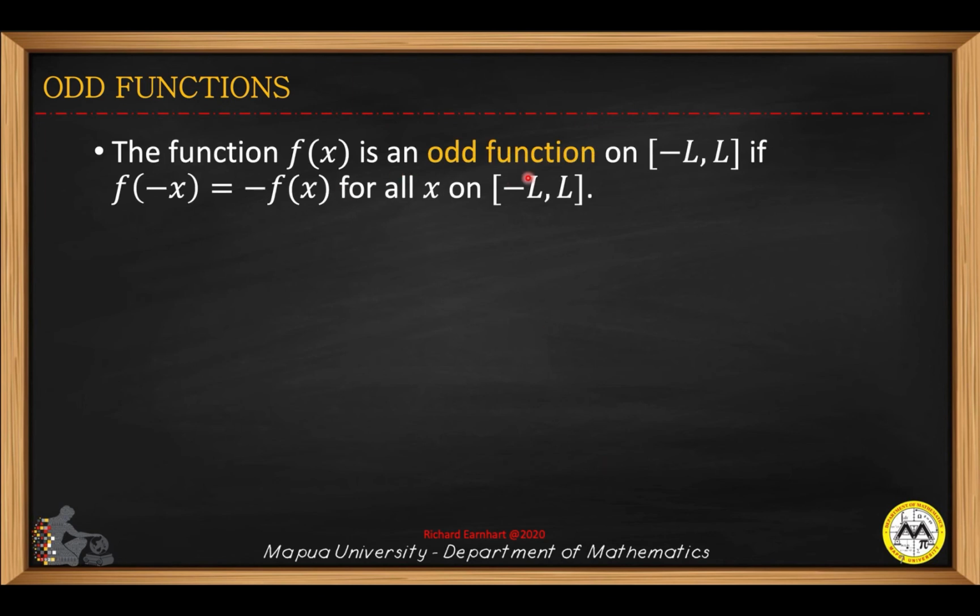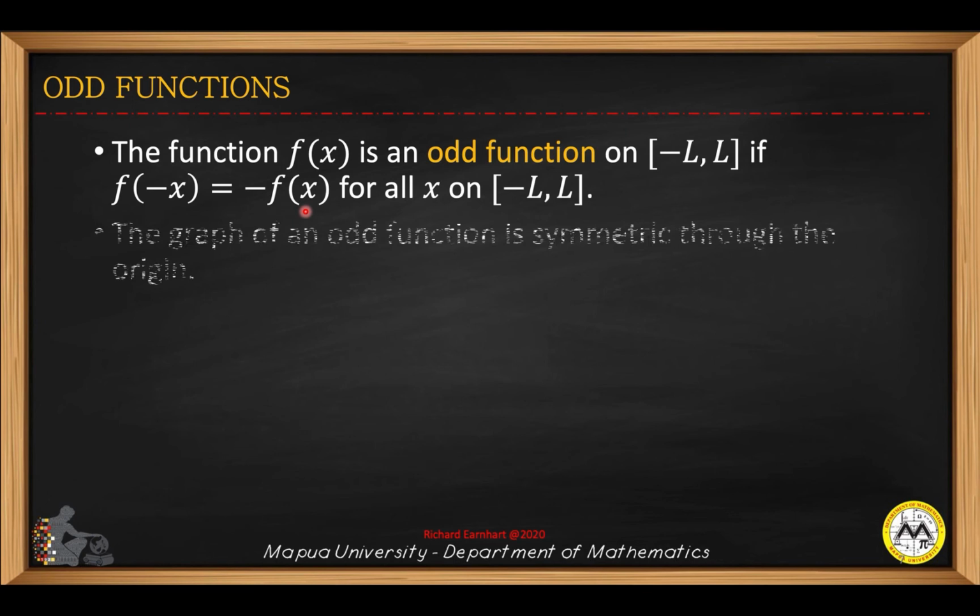The function is odd on the closed interval negative L to L if f of negative x is the negative of the original function.